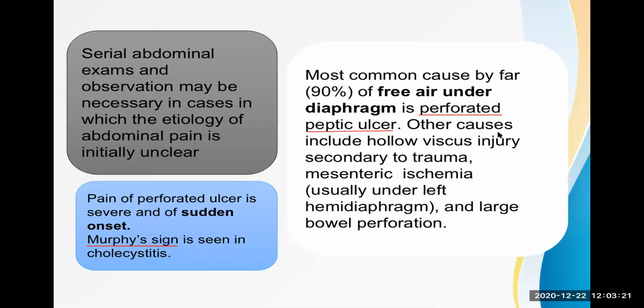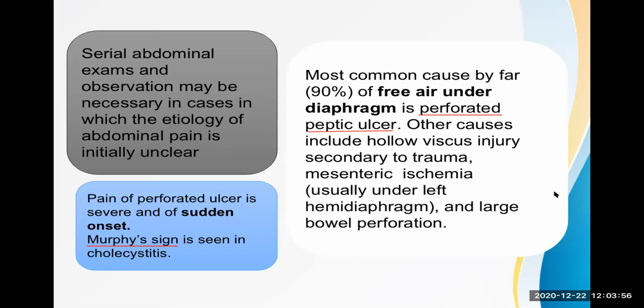Stomach may be perforated, first part of the duodenum may be perforated, or any other intra-abdominal organs may be perforated. Now what will happen? The gas inside the GI tract will leak outside into the peritoneal cavity, and gas always goes upward. Remember that. So if the patient is standing, the gas will go upward and stay under the dome of the diaphragm, because the diaphragm is blocking the flow of the gas upward into the thoracic cavity.